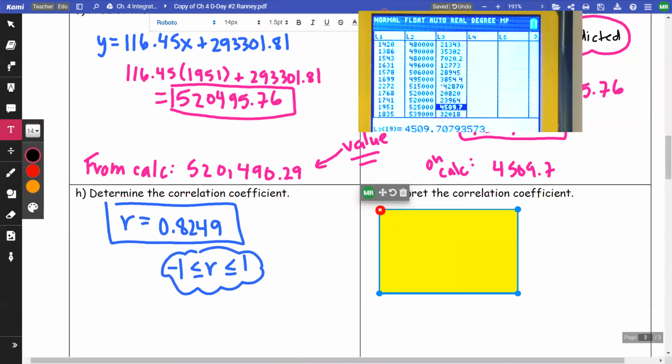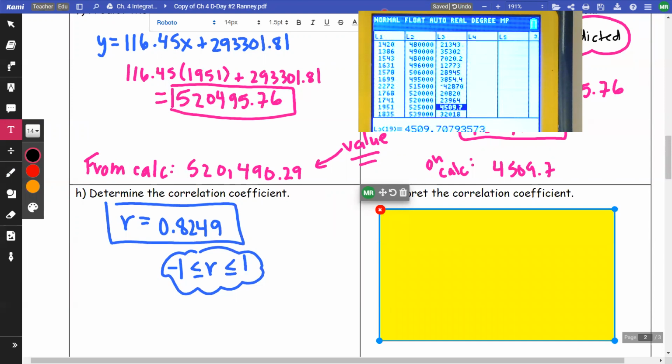Now, the next thing we're going to do is interpret the correlation. We found our R already, and I'm going to use the sentence frame. Since R equals 0.8249, and I'm going to say it is either close to or far from, and is close to either 1 or -1. So it is close to 1.